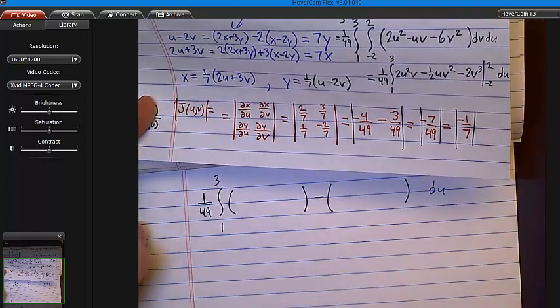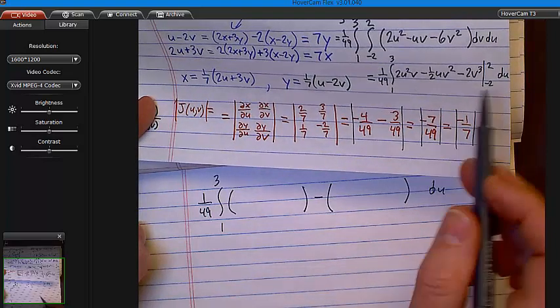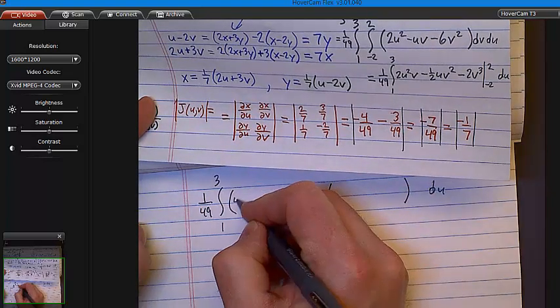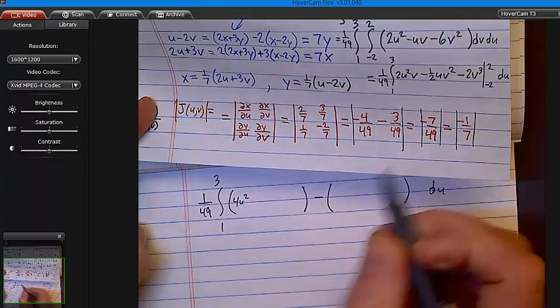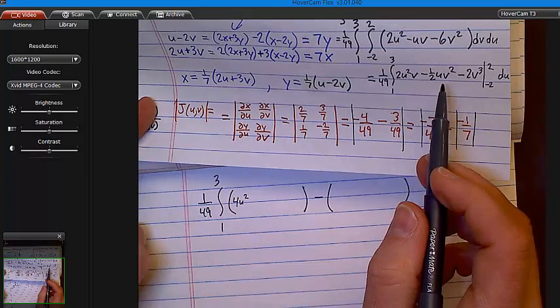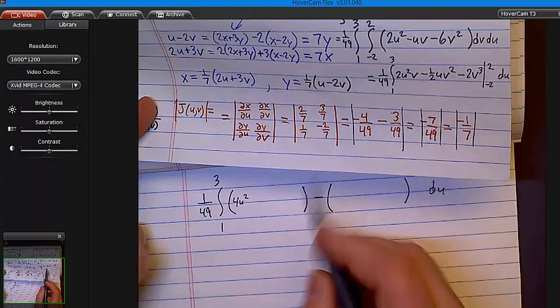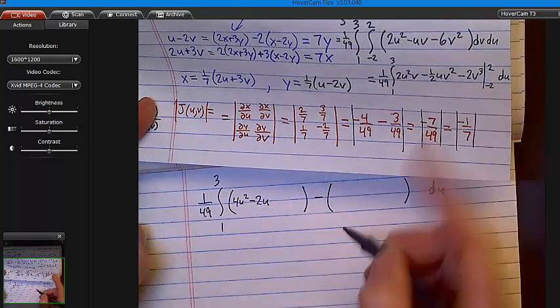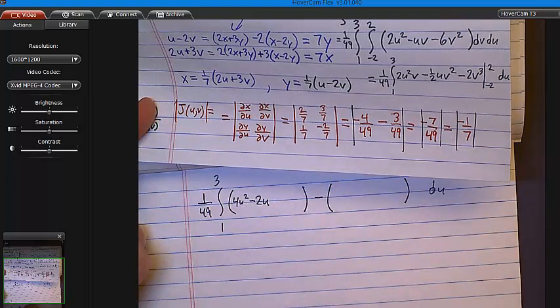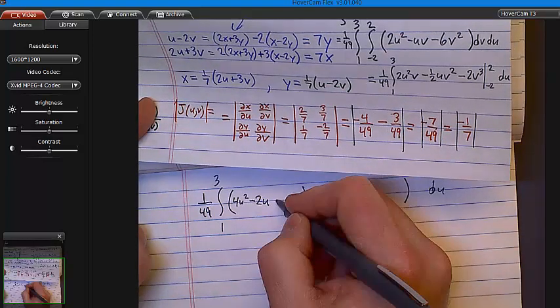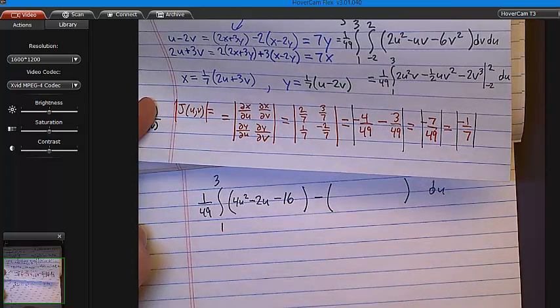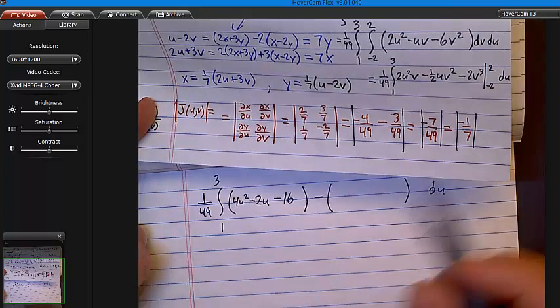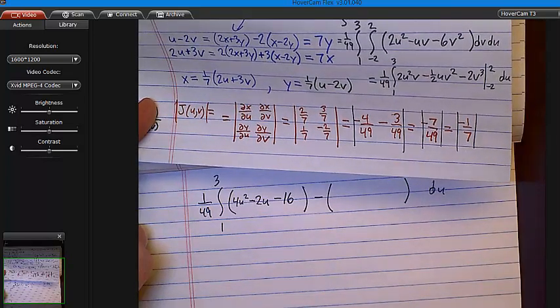When I throw in the 2, I get 4u squared, and then that's 4 over 2 is 2, so minus 2u. And then 2 cubed is 8, and times 2 is 16, so minus 16. That all look good?